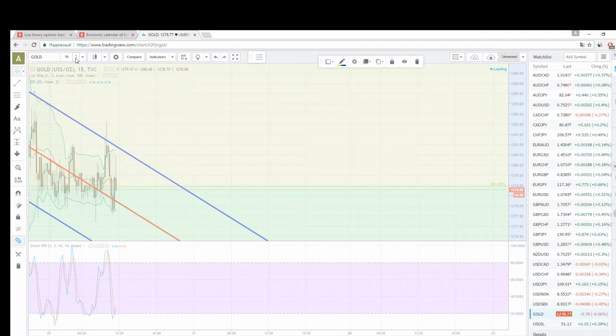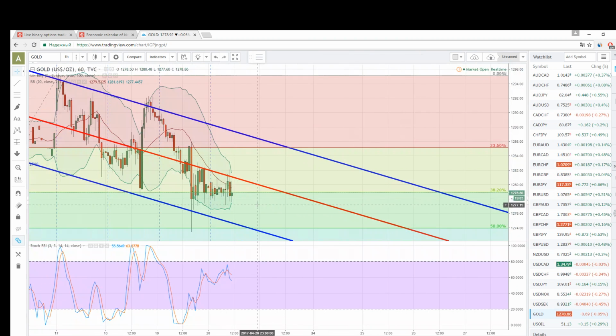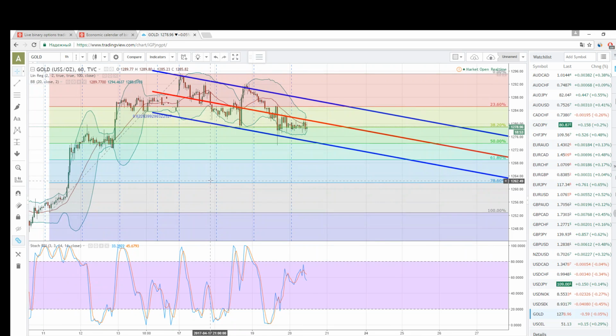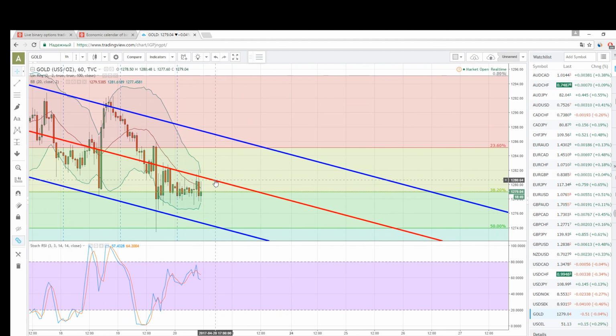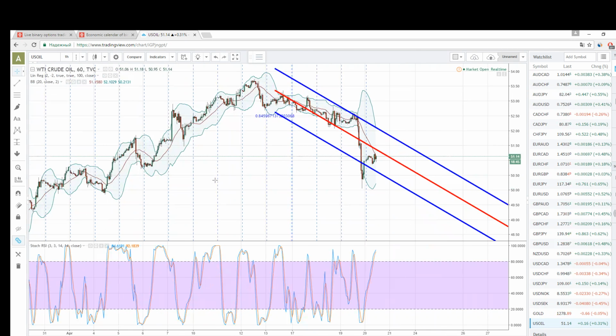Let's probably switch to a longer time frame. It's moving in the corridor. If you will see, the price doesn't change significantly, and hard to say something.